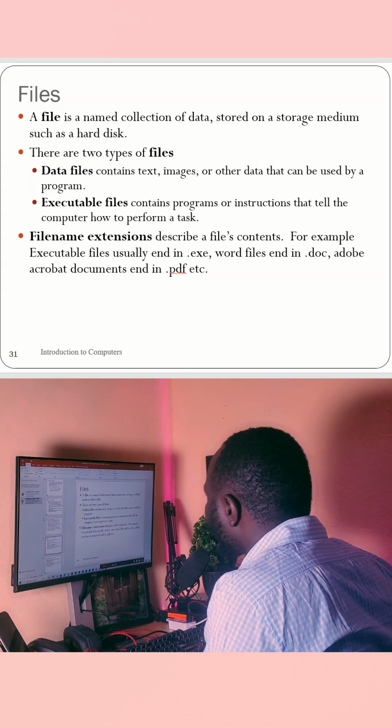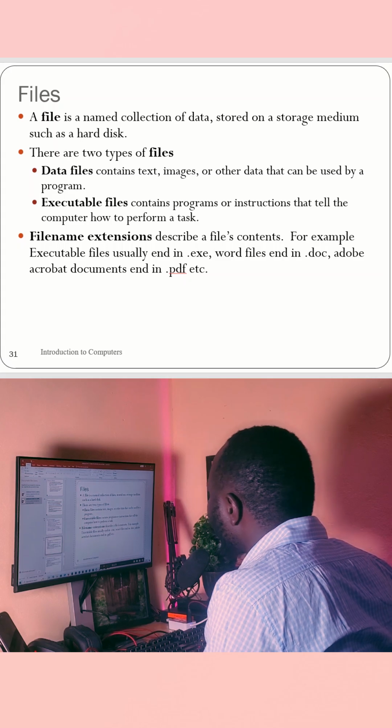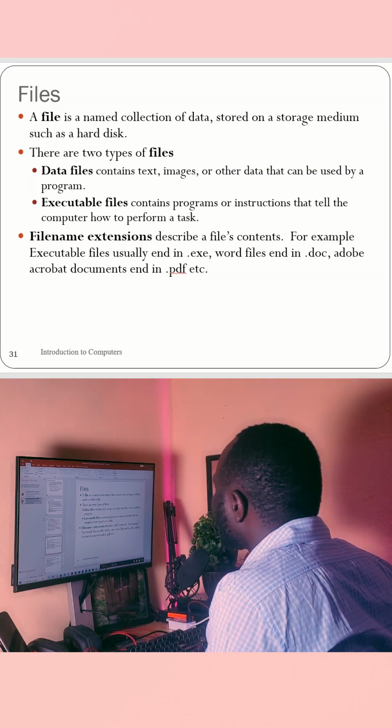And that is what describes the file content, meaning that by the time you're opening it, it looks at the file extension and it knows which program to open with. If you saved it as PDF, it's going to be mycv.pdf, which means the next time you'll be opening it, it's going to open with a program that is responsible for opening PDF.